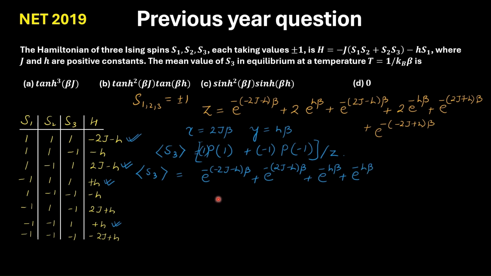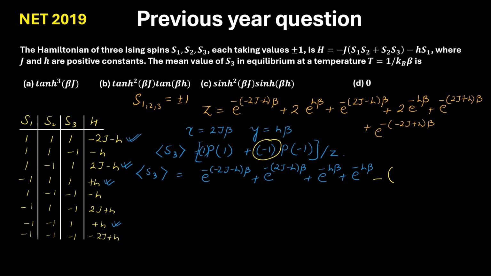This expression is for the first term inside the square bracket. Similarly, we can write for the minus 1 combination. Here you'll have minus. Minus is coming because of this. So minus, I'll put inside a bracket here.